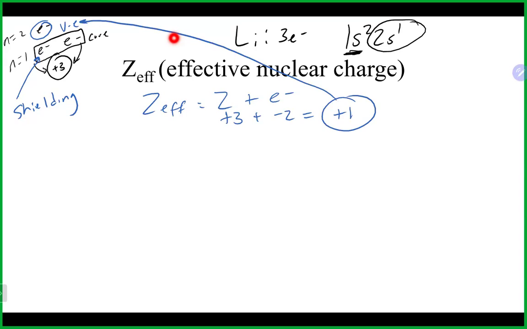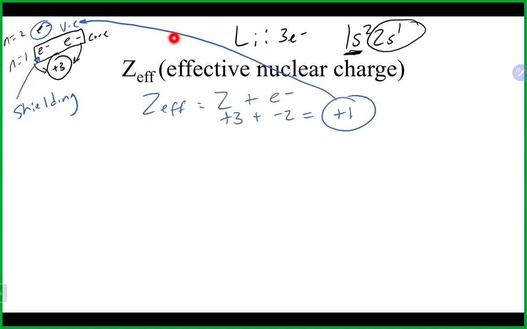It's effectively feeling only a +1 attraction, which means it's not going to be attracted as strongly as those core electrons. That's also why that valence electron can be popped off and used in sort of an ionic bond or anything like that, and is lost because it's not being held as tightly as those core electrons.